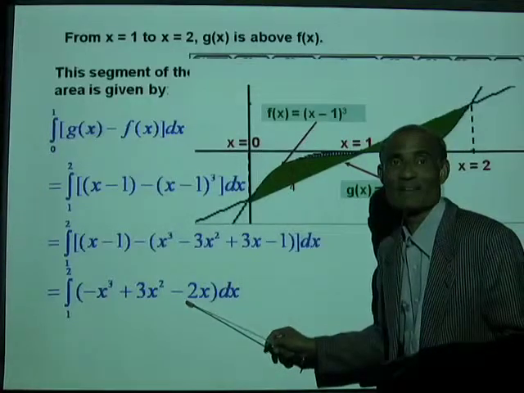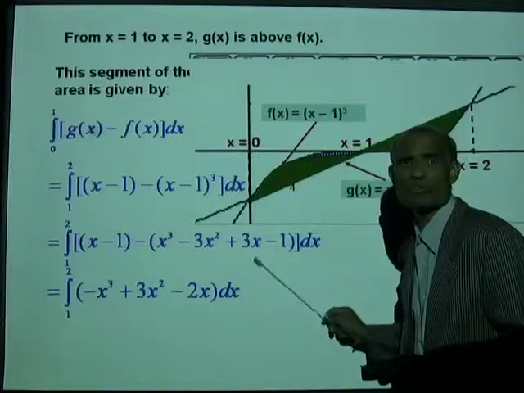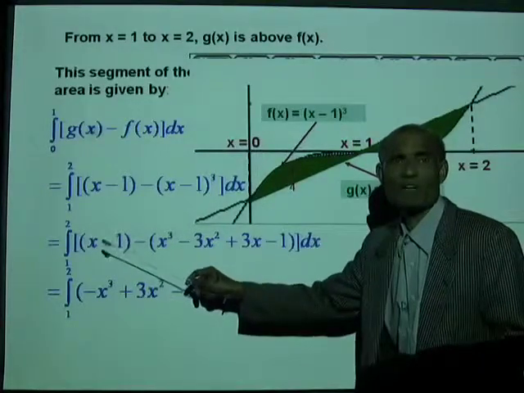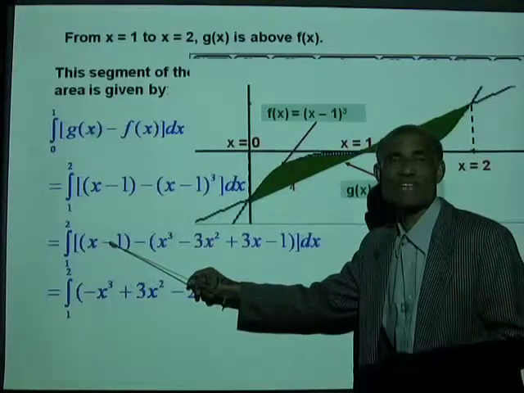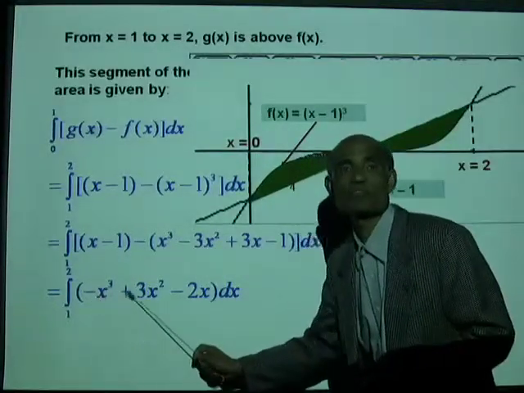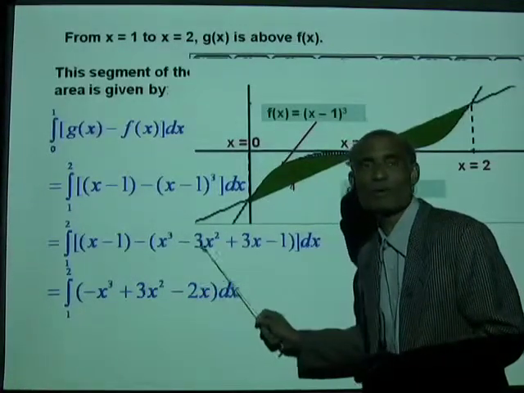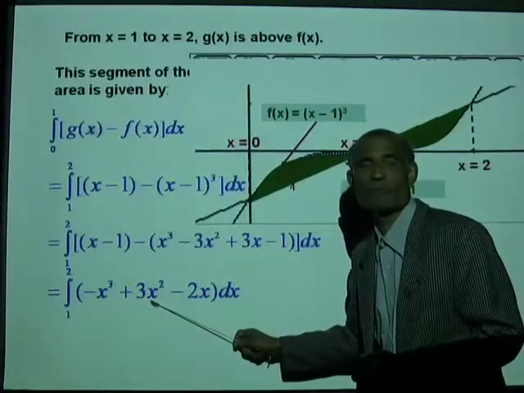See, I combined there. Minus times plus will give you plus 1, and that plus 1 will cancel with the negative 1. So the remaining terms are negative x cubed plus 3x squared minus 2x. Now do this on your own and make sure you understand this.